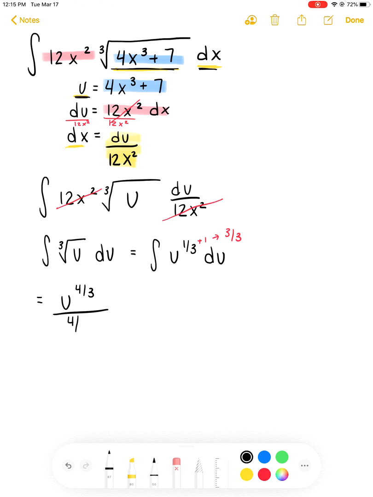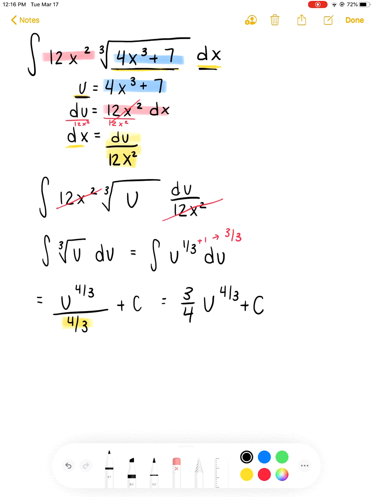Then I'm also going to divide by my new exponent plus c. I'm going to simplify this by taking the reciprocal of the 4/3 so that I get 3/4 u to the 4/3 plus c.